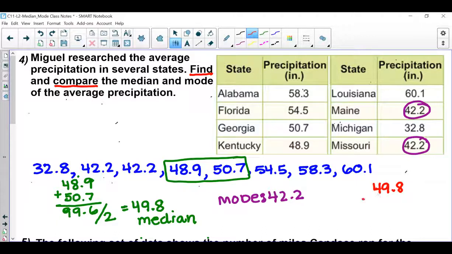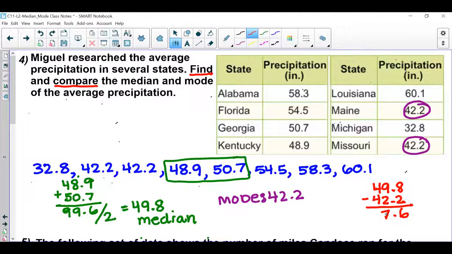The mode is 42.2. So if I subtract those two, I have 7.6 inches there.